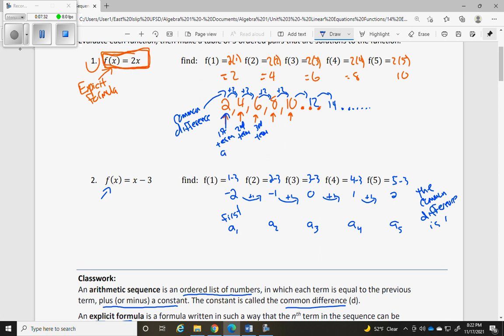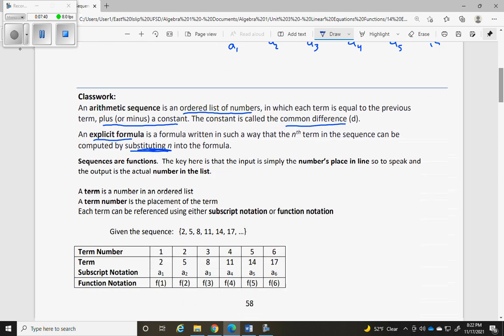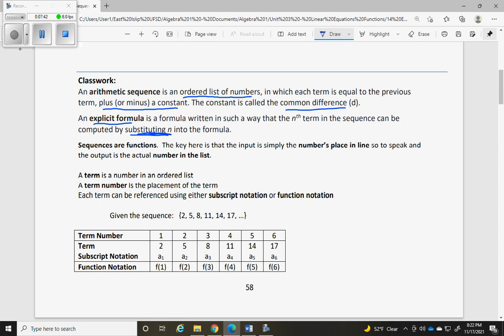I like to say this is a sub 1 and a sub 2 and a sub 3 and so on. So the hard part about today, if anything's hard, is the new vocabulary and the new notation that we're using.